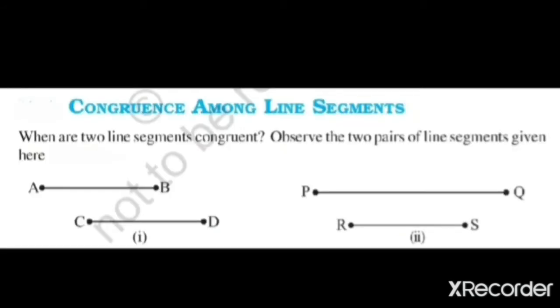Now let's discuss congruence among line segments. Observe these line segments. Is line segment AB congruent to CD? You can easily give the answer by observing it, or you can use the trace copy.